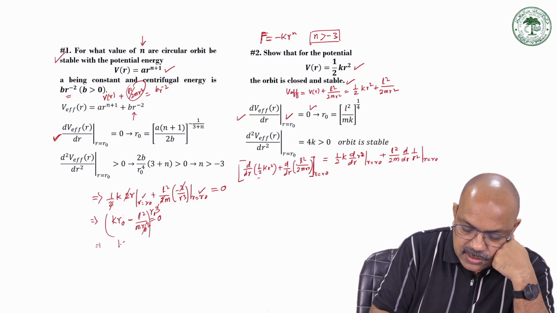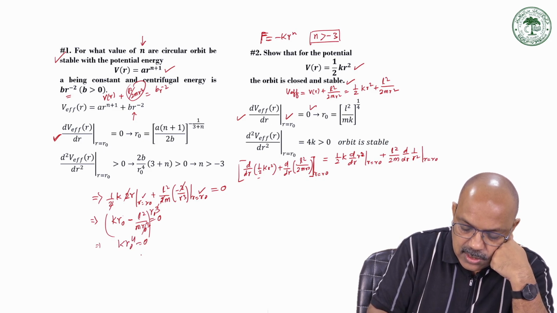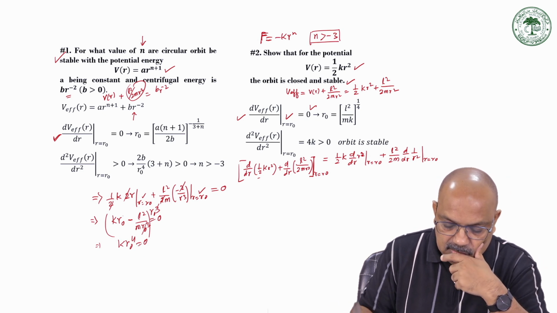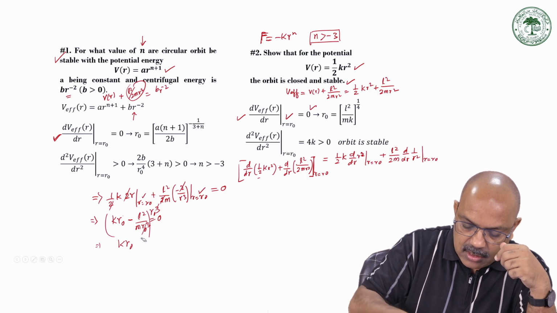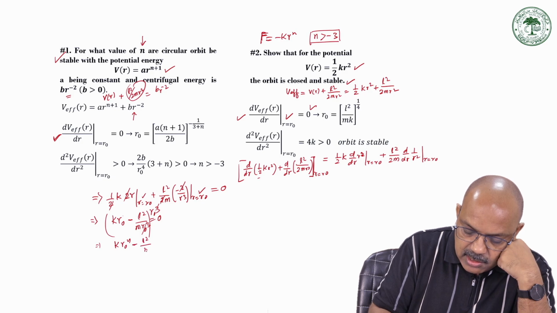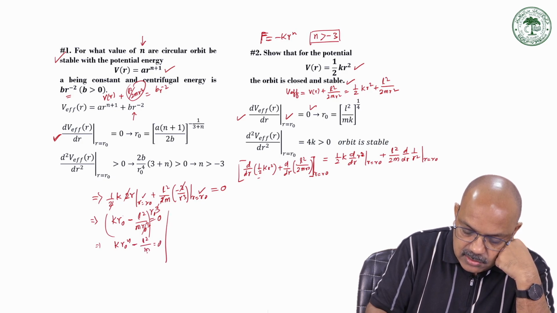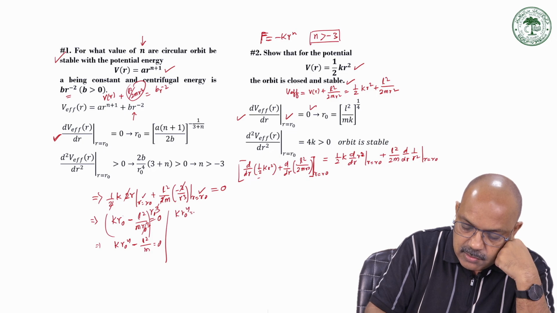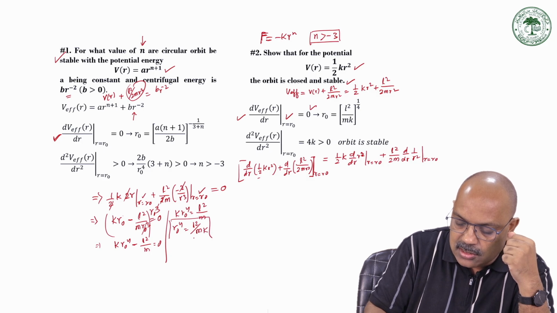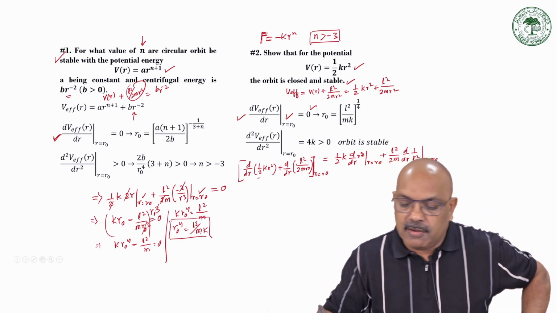So what I'm going to have is k r naught to the power 4 minus L square by m is equal to 0. So from here you get k r naught to the power 4 equal to L square by m, or r naught to the power 4 is going to be L square by m k. I'm going to use this here for this condition.